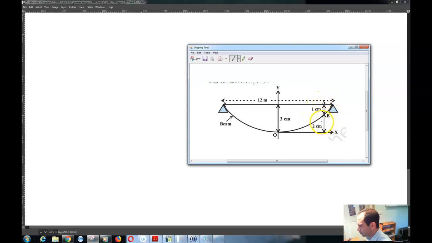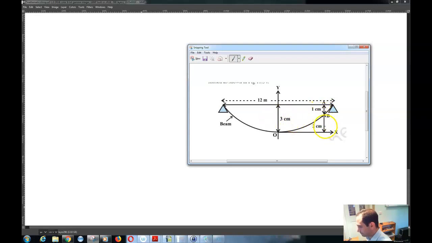Now what I want to know is how far from the center is the deflection 1 centimeter. So if the deflection here is 1 centimeter, here it has to be 2 centimeters.